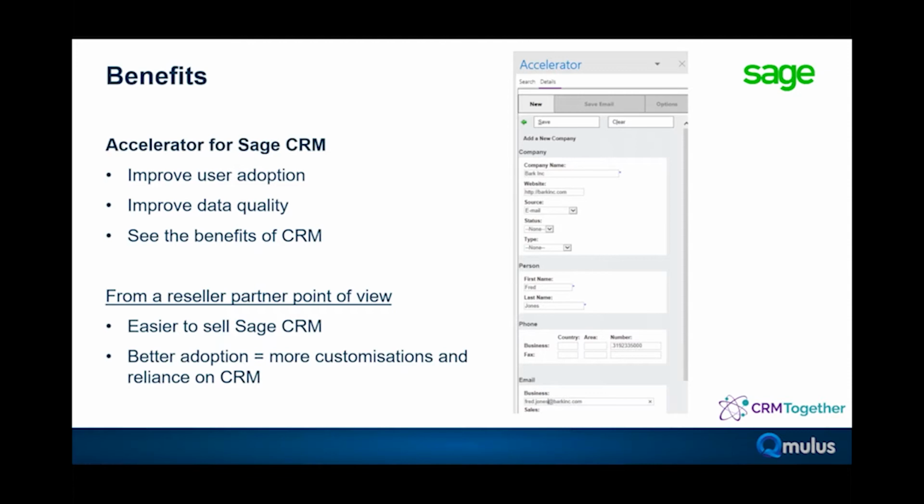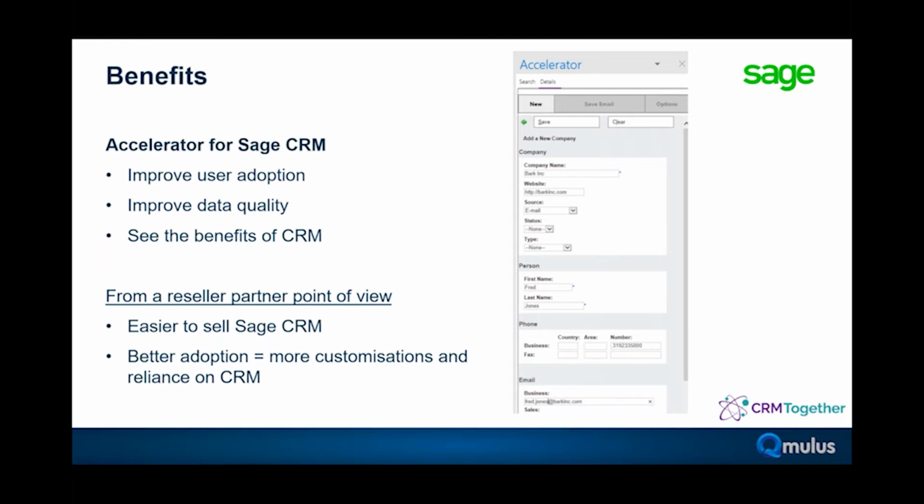If I hark back to Danny's presentation earlier about getting in with a simple mode of contact management, or maybe sales and services, but doing it simply, the land and expand, then with Accelerator it really helps that strategy, because the users are using it, data is going in, and as I said, people can see the benefits of CRM, and the data quality also improves.